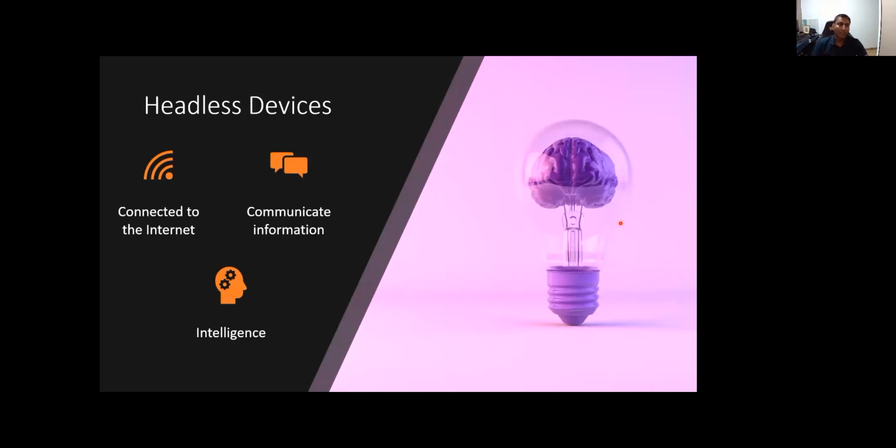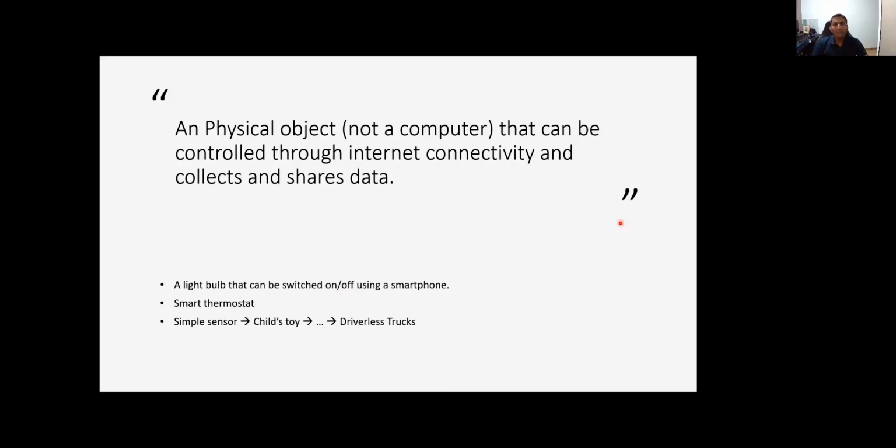So there's no operator operating the IoT device. Normally we call it headless devices, and these are the three main characteristics of IoT devices. Okay, so now in simple terms, any physical object that can be controlled through internet connectivity and collects and shares data, we call it a thing in the Internet of Things.